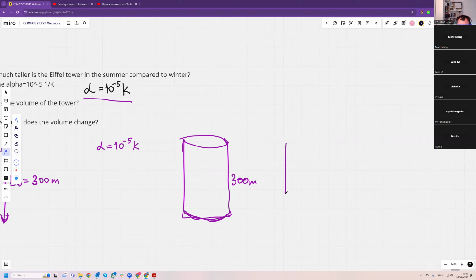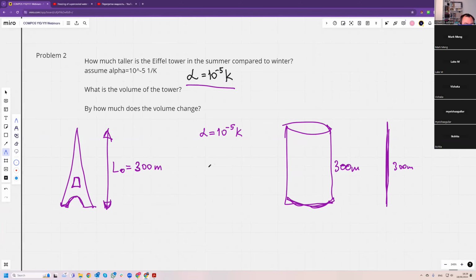Or if it was a single length of iron wire, a very thin wire of length 300 meters, the answer wouldn't change.